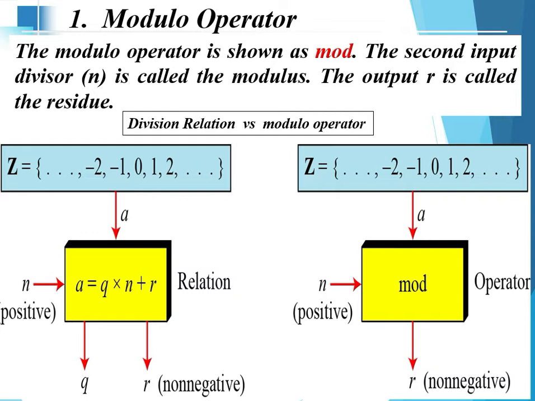In the previous slide, the binary operator is called the modulo operator and is shown as mod. The second input n is called the modulus. The output r is called the residue. The following figure shows the division relationship compared with the modulo operator.